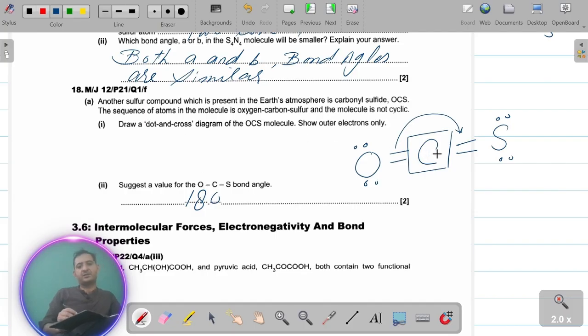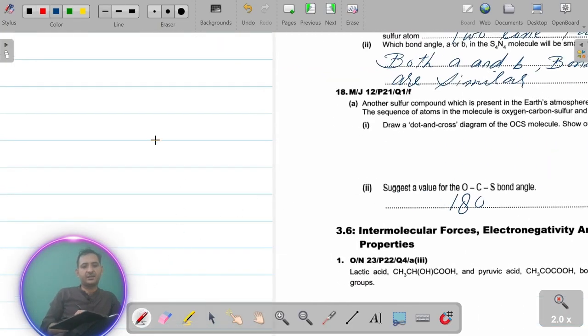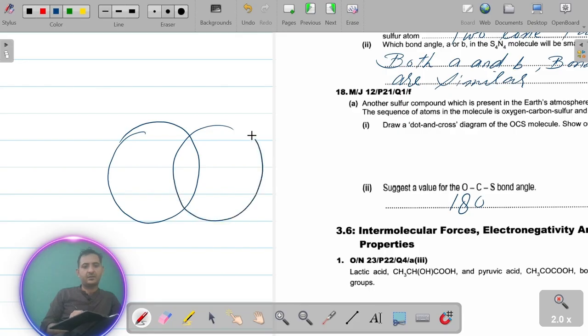And draw a dot and cross diagram for this. So it is easy. It is carbon in the center, the sulfur, and here we have this oxygen.